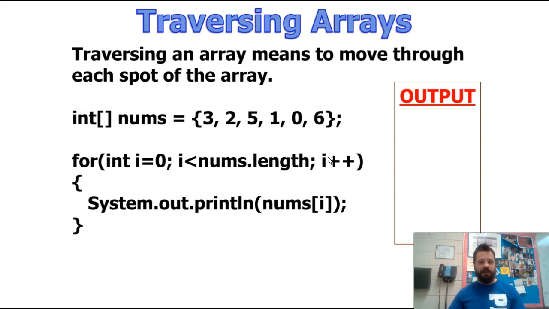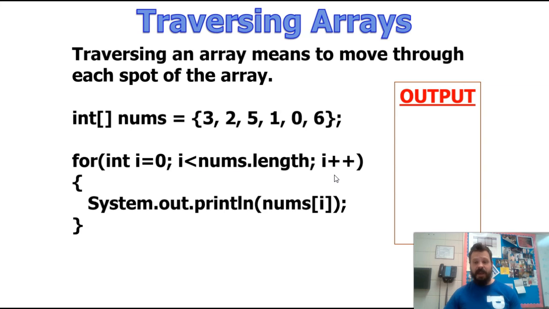The standard code I'll use to traverse through that array is we'll say for int i gets 0. And the reason, again, we use i a lot of times in Java is we're thinking in terms of indexes. We're going to run this loop while i is less than nums.length. Now remember, nums.length goes up 1 more than the final index. So that's why I'm strictly less than here as opposed to less than or equal to.